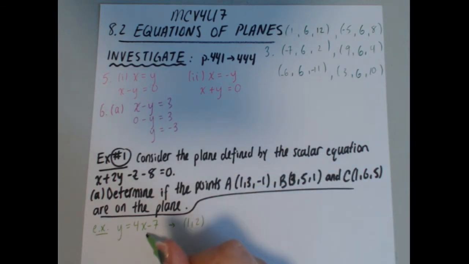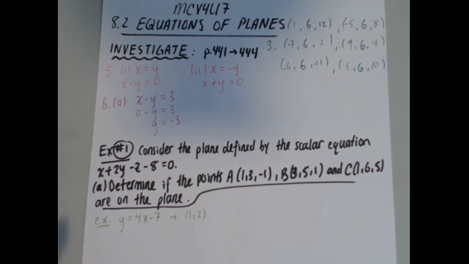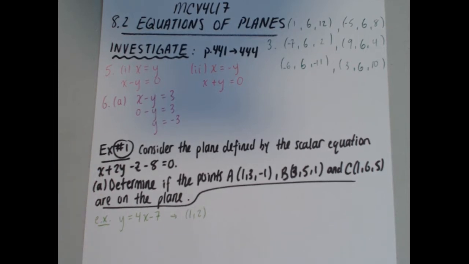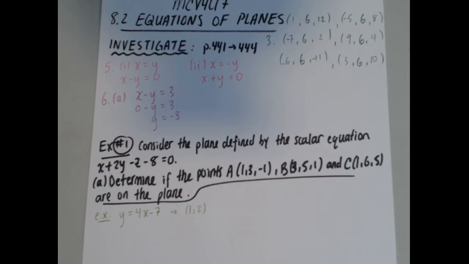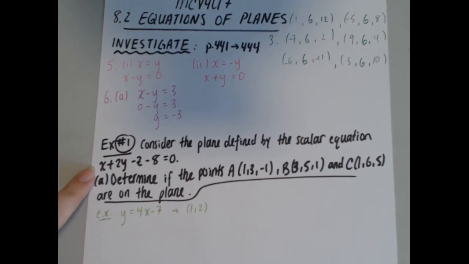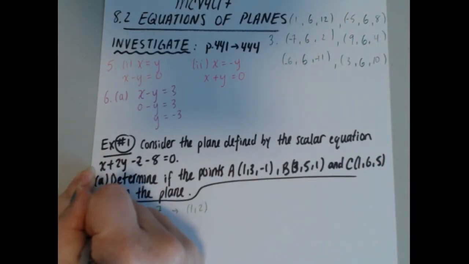Well, you would take the x value, plug it in and see if you got the y value of 2, or you would plug in the y value and see if you obtain the x value. Overall, you would see if left side equals right side. And we do the exact same thing here. We just have to check these points. We've got the formula, so you just have to make sure that left side equals right side. Now, the right side in this equation is always 0, so that's pretty simple.